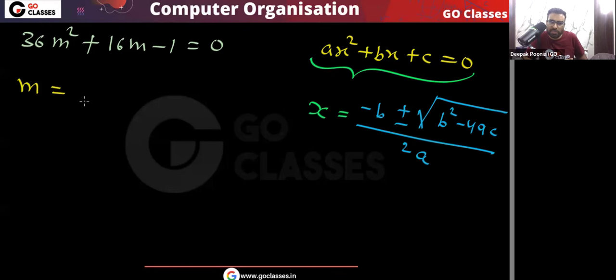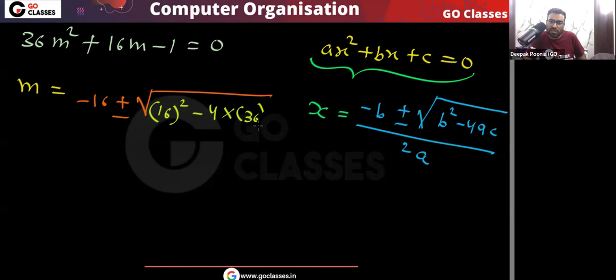That will be equal to minus b, that is minus 16, plus minus square root of b square minus 4ac, that is 16 square minus 4ac. So you can see a is 36, c is minus 1, and this is divided by 2a. A is 36.